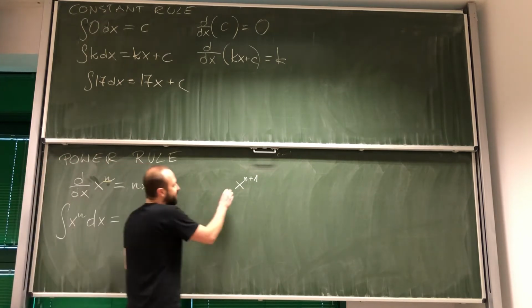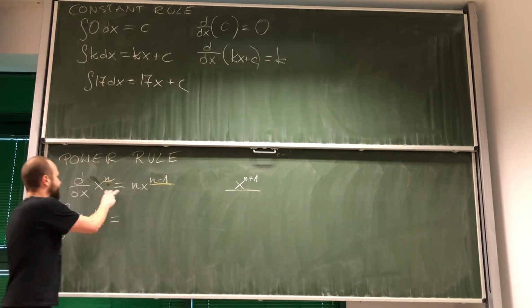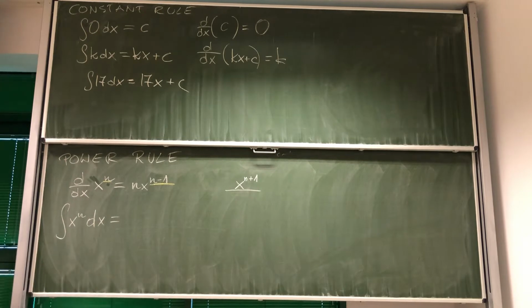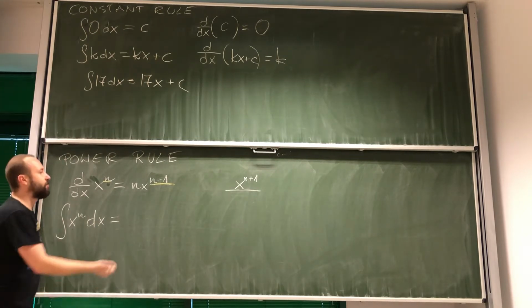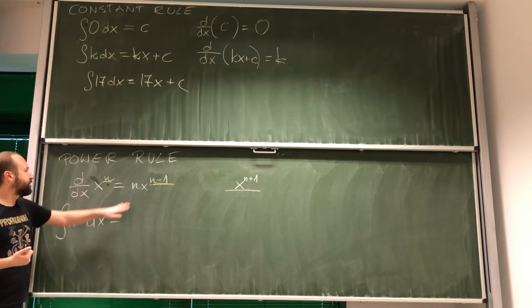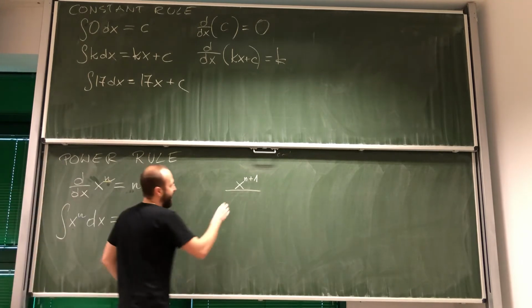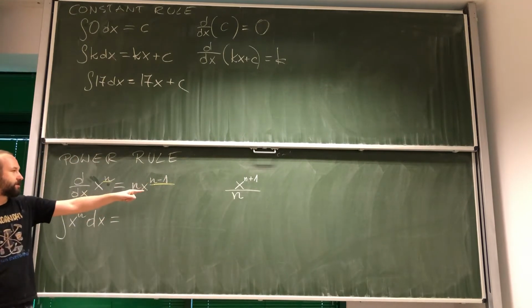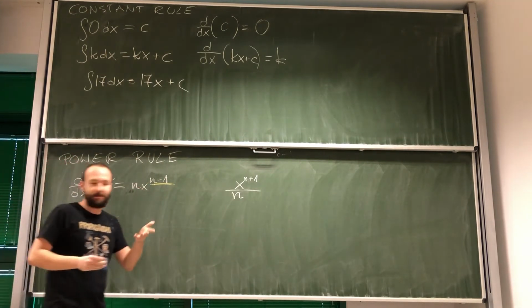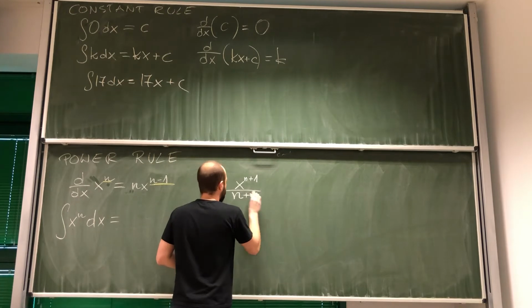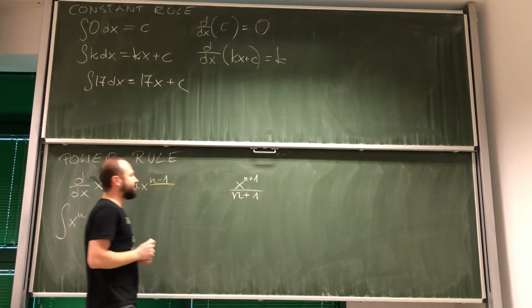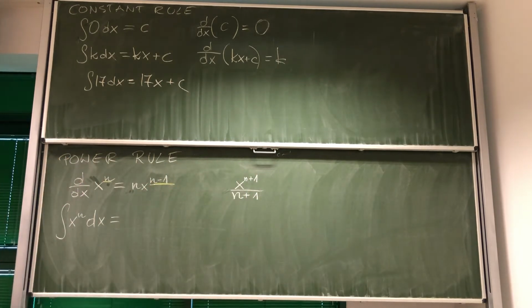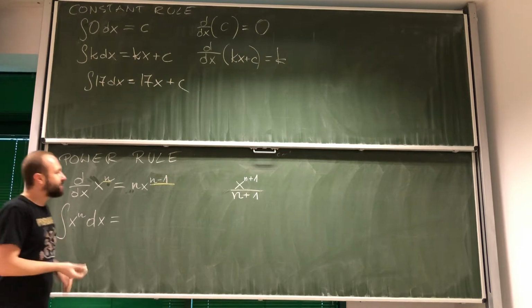Look, if this n goes up front, it means that we multiply by n. So now, if I want to reverse this process, I should probably divide by n. But again, we should not be concerned with n, but rather n plus 1. Okay, so I would say that this is a pretty good candidate for the expression for the integral. But let's check it.